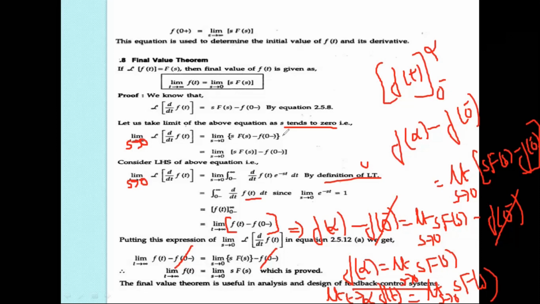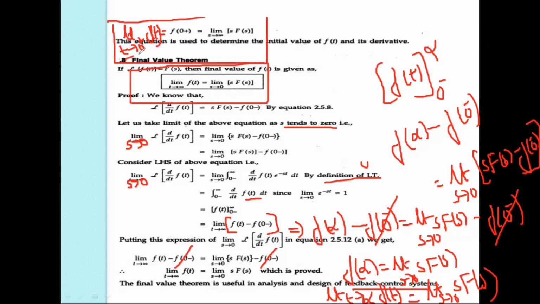Following my students, you only have to remember the initial value and the final value. The initial value starts from f of 0 plus, which means limit t tends to 0 plus f of t. So, the initial value theorem and the final value theorem.